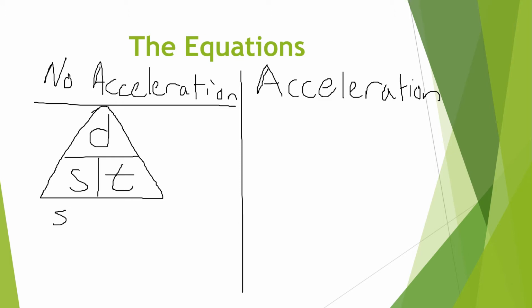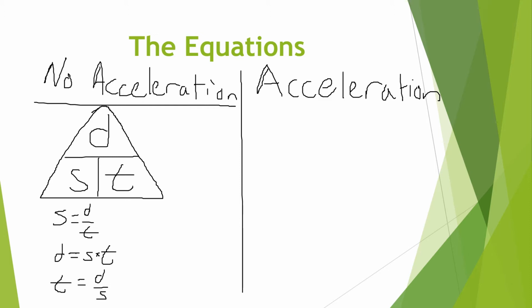Speed equals distance divided by time. Distance equals speed times time. And time equals distance divided by speed. That's it. It's all really one equation, just algebraically manipulated. The speed equation. So if you have no acceleration present in a problem, you're going to use this.